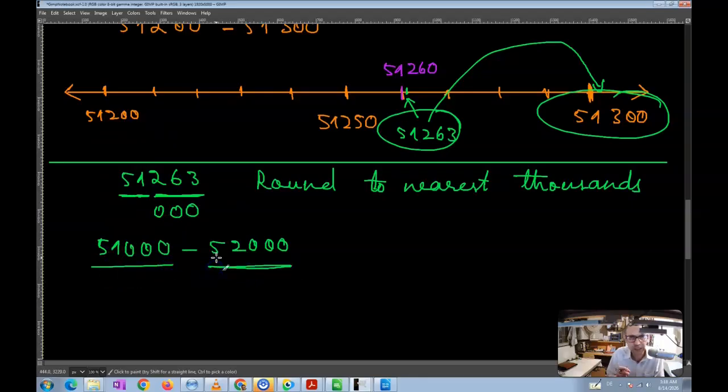Whichever one is the case, you will take that number as the rounded version of your number and write it down, right? Now, you know that between 51,000 and 52,000 the difference between the two numbers is 1,000, right? And here I have only 263, right?